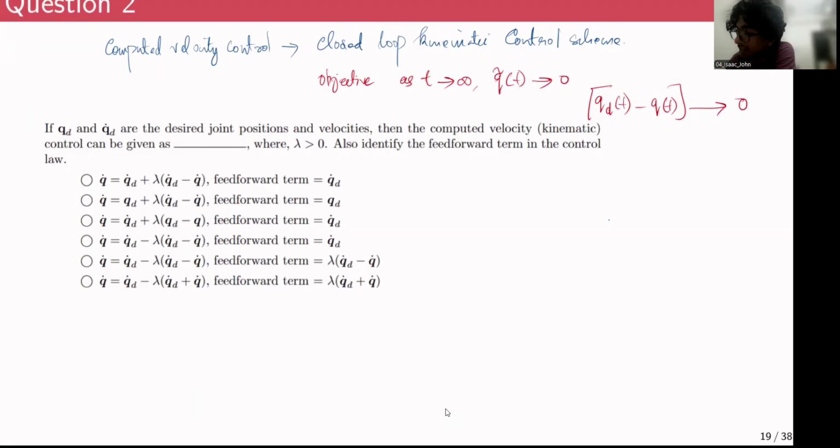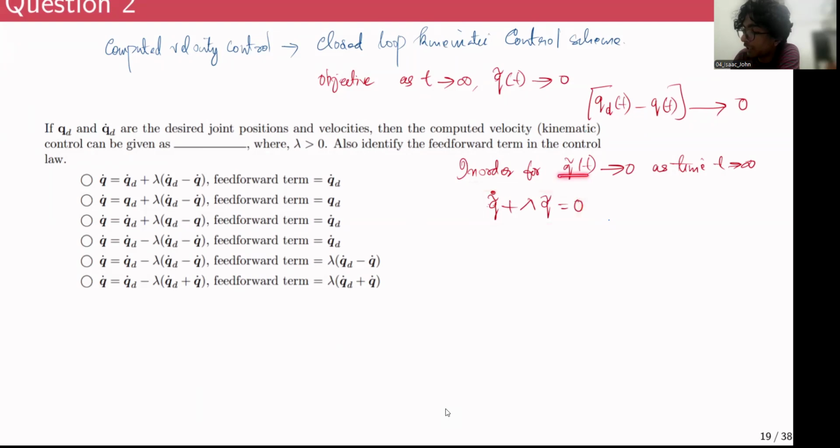So in order for q tilde of t to tend to 0 as time t tends to infinity, we want our system to behave as per the first order error equation: q tilde dot plus lambda q tilde equal to 0.